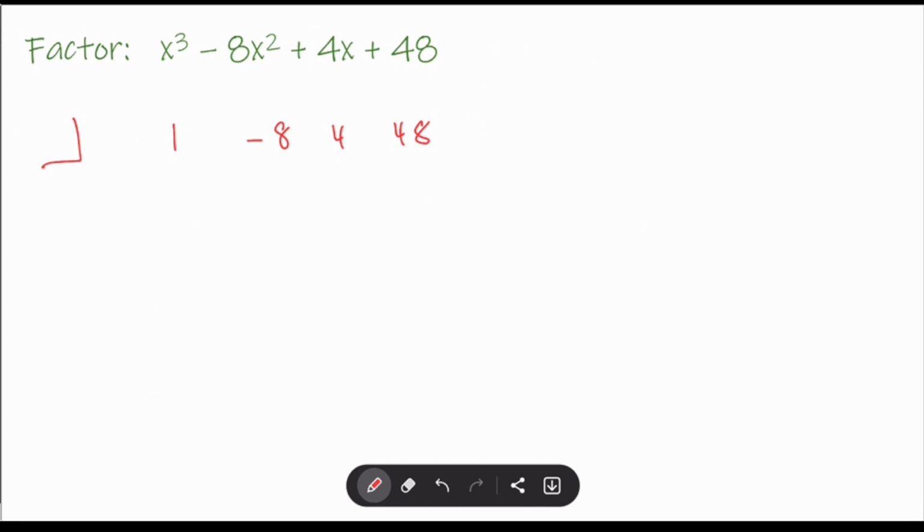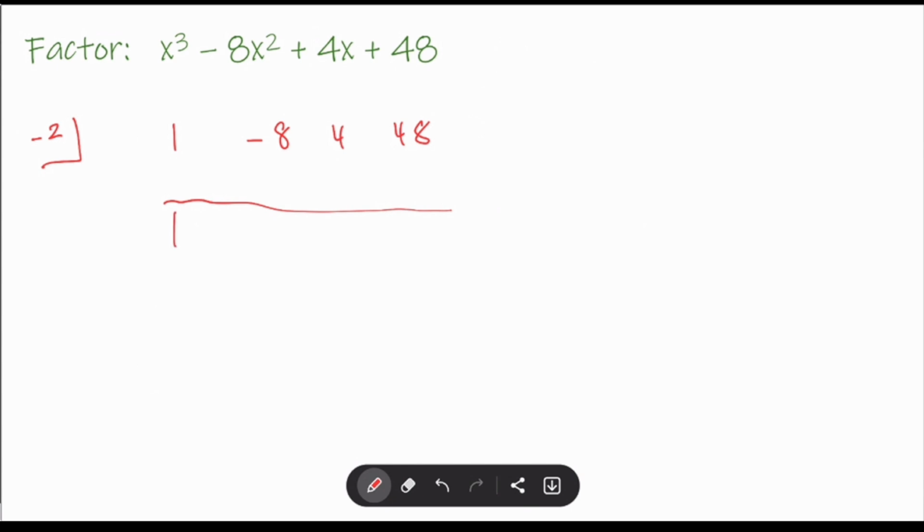But I'll just show you the smallest number that can be put there so that you'll get a remainder of 0. That is negative 2. But of course, if you don't know that yet, then you have to start from 1 and then negative 1, 2, and negative 2, and so on, as long as it's a factor of 48.